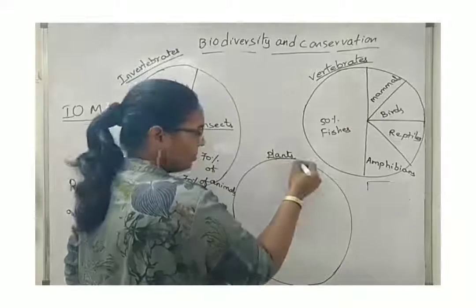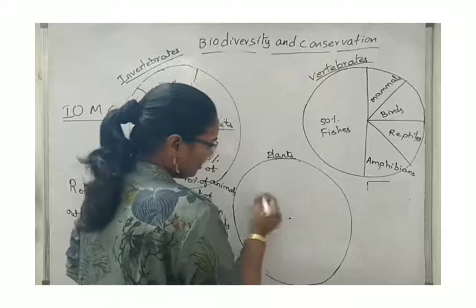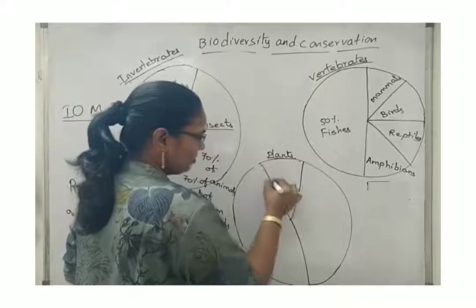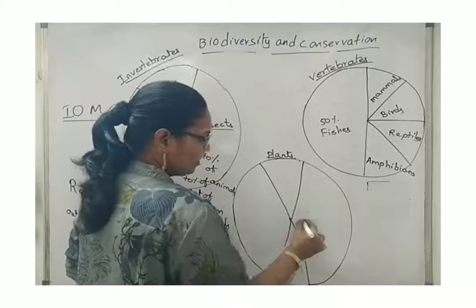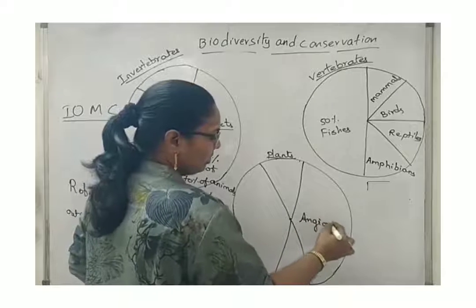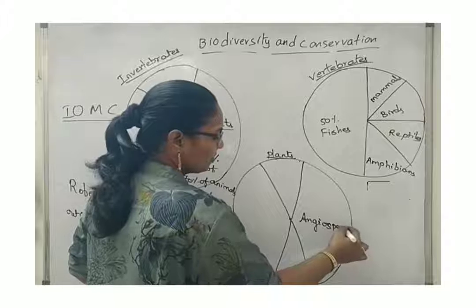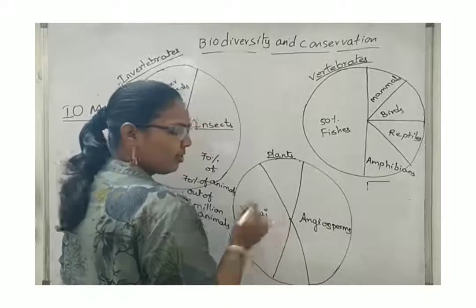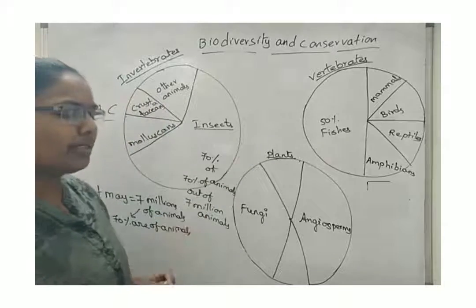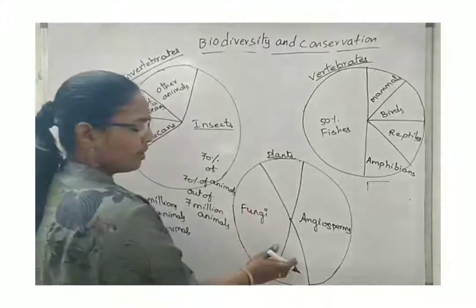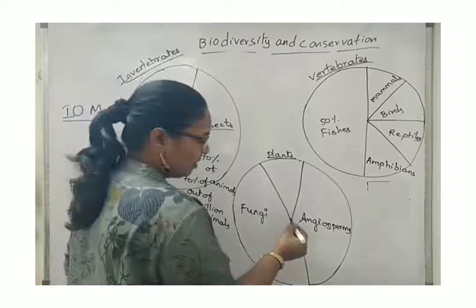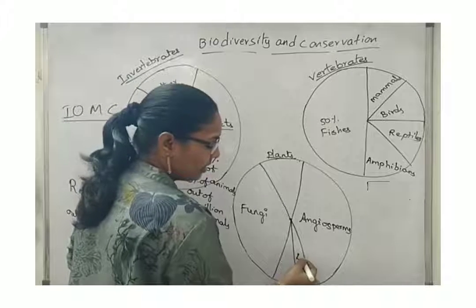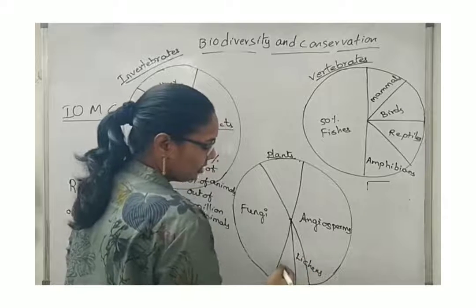Among plants, the angiosperms and fungi take the major percentage. So here we will write angiosperms in one part and fungi in the other. Fungi do not come under plants, but here we are seeing more types of plants. This one is lichens and this is algae.